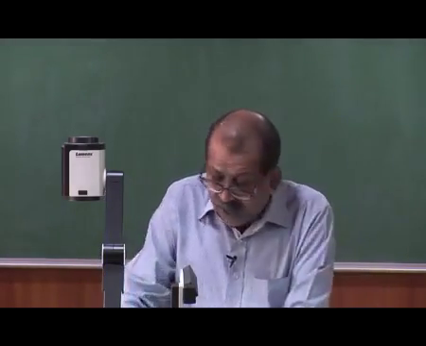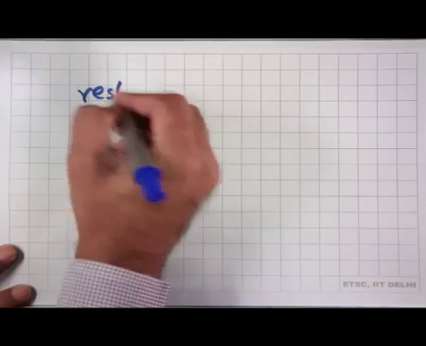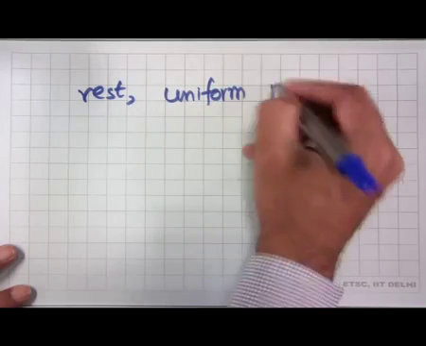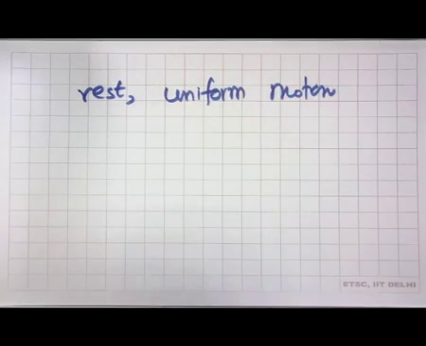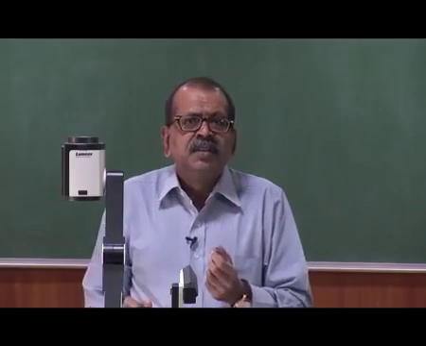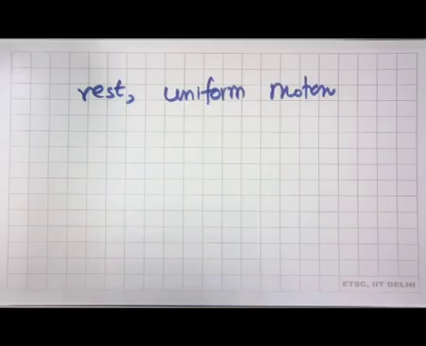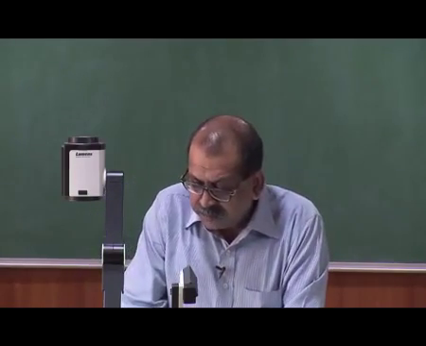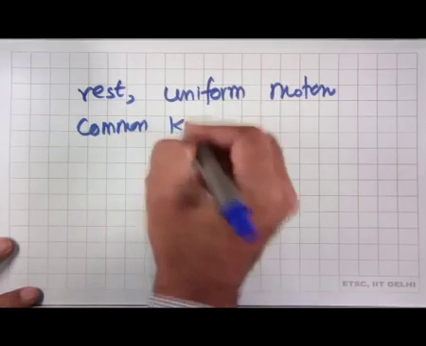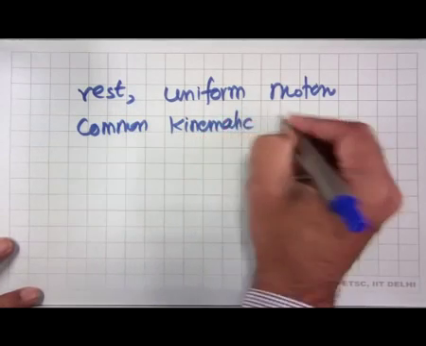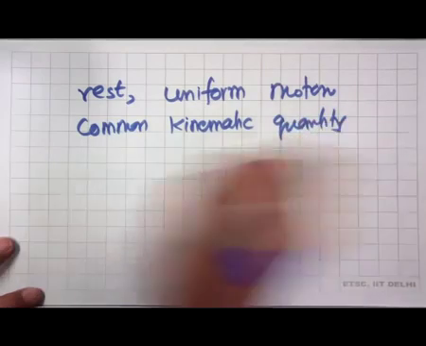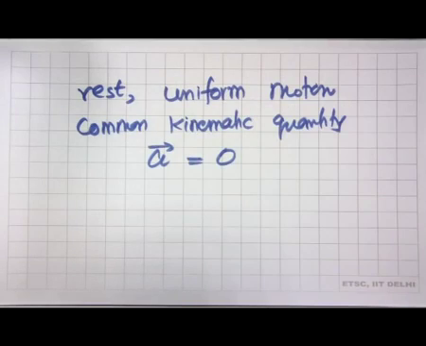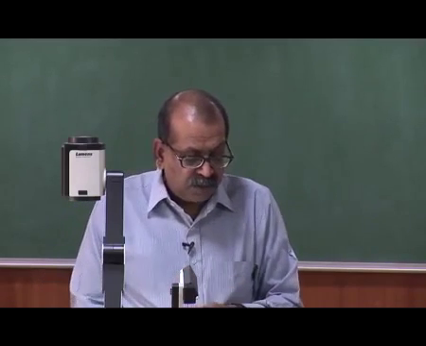And another thing which we realize is that when the body is at rest or in uniform motion, is there some common kinematic quantity which defines these 2 states? And the common kinematic quantity which we can see is acceleration, which in both these cases, whether the body is at rest or in uniform motion, has got to be 0.